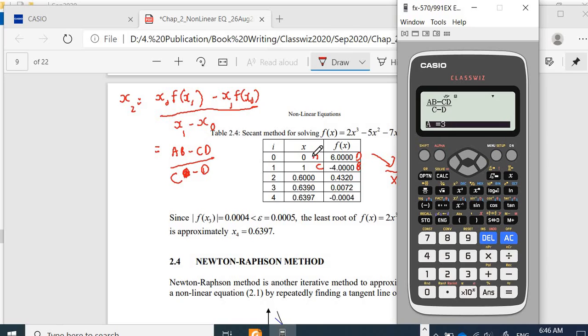So A is actually 0, B is actually negative 4, and then C is actually 1, D is actually 6.